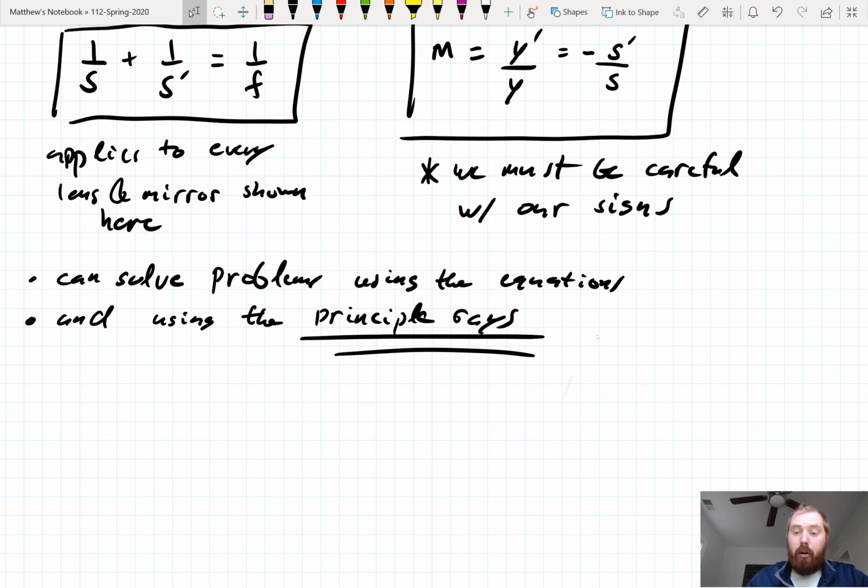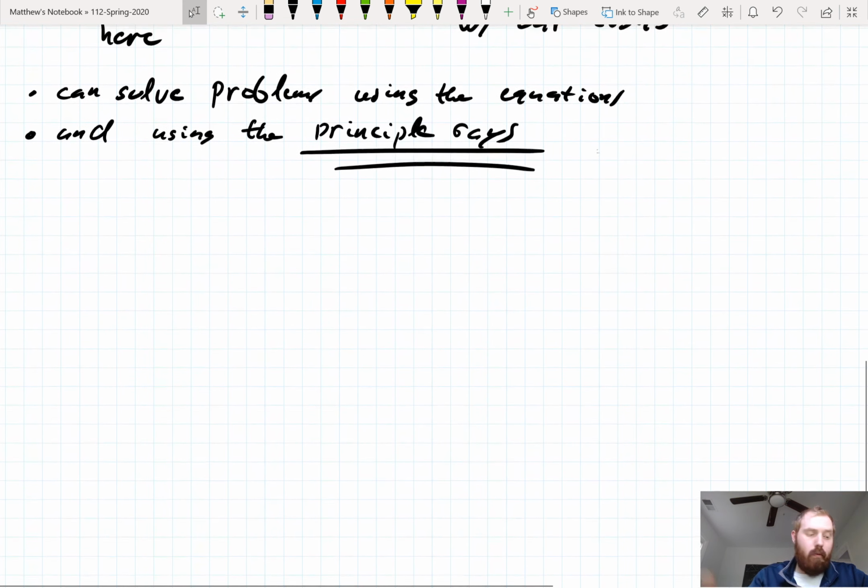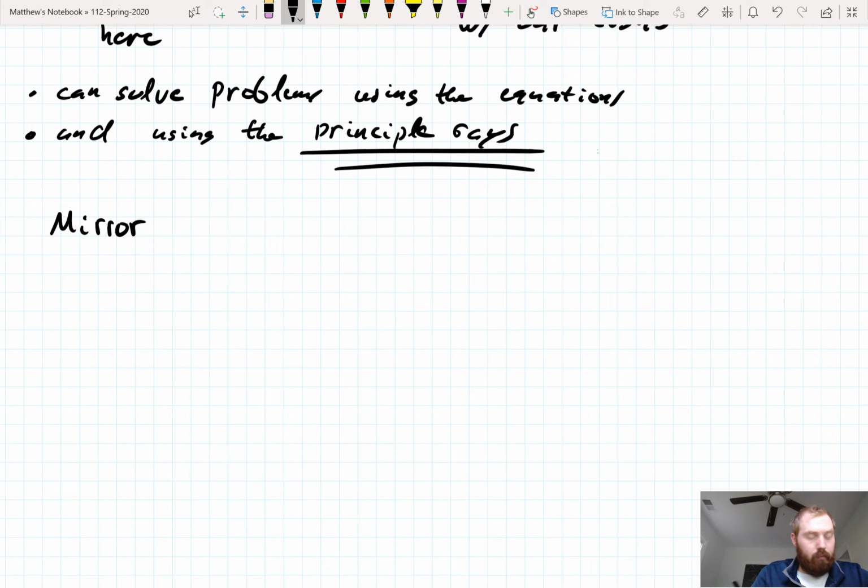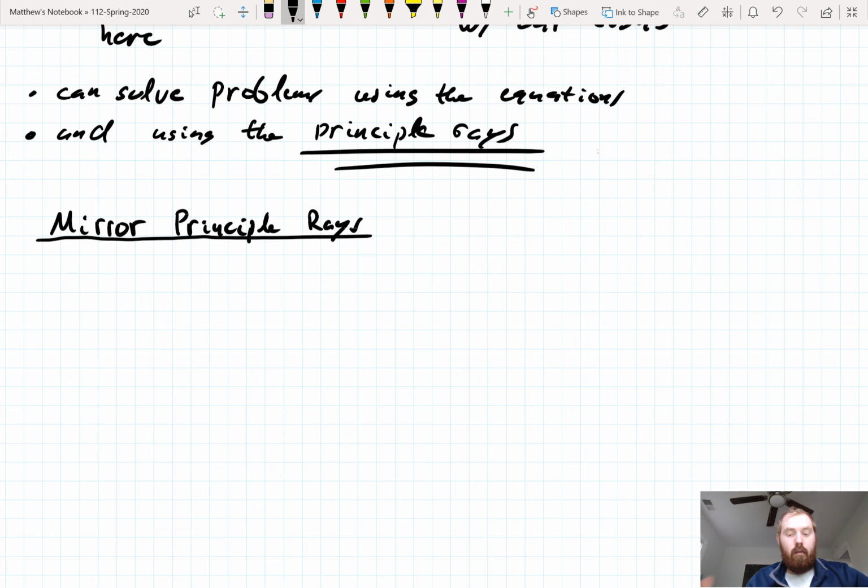Let's set up what our principal rays are. We'll start with the mirrors. All right. 1, 2, 3, 4. There's going to be 4 of these principal rays that I'll discuss here.